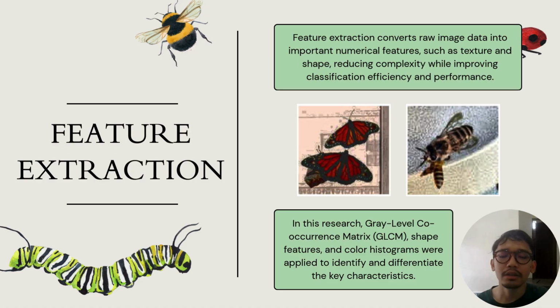In this research, we applied three feature extraction methods: first, the gray level co-occurrence matrix or GLCM, second, shape features, and third, color histograms. These methods help identify and differentiate key visual characteristics of both insects.